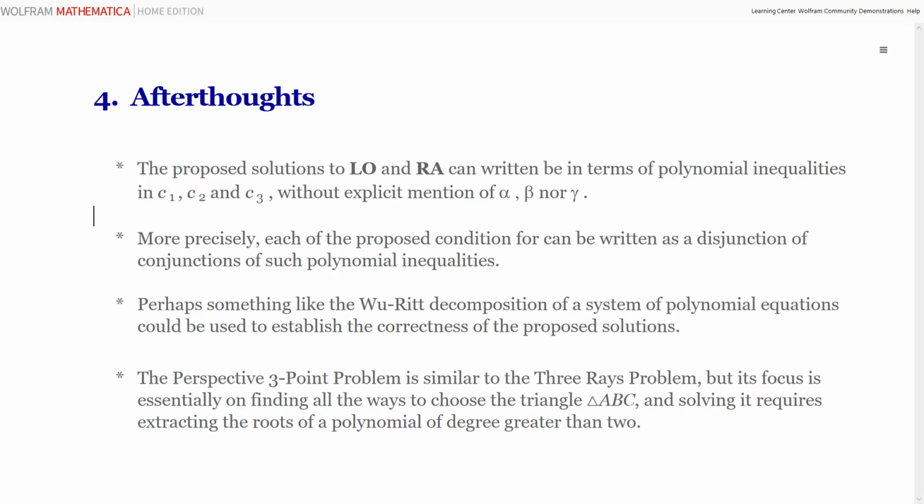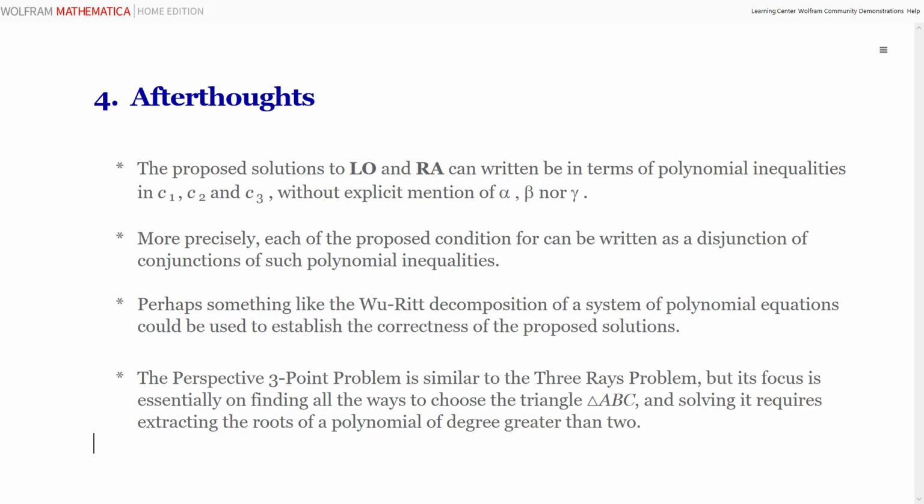I have this idea that some results in algebraic geometry should be possible to apply to prove that my proposed solutions are indeed correct. I don't know that for sure, but when I think about things like the Wu-Ritt decomposition, it seems to me something like that should work.